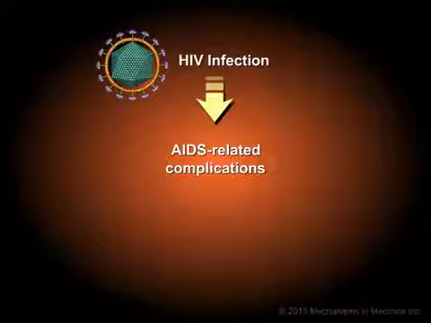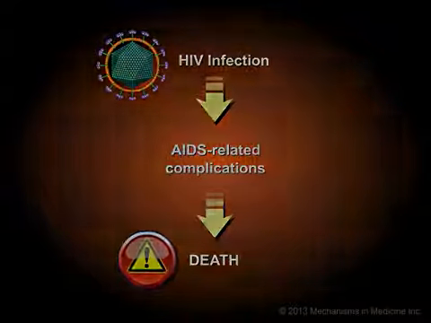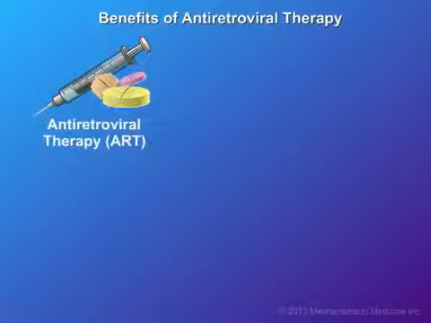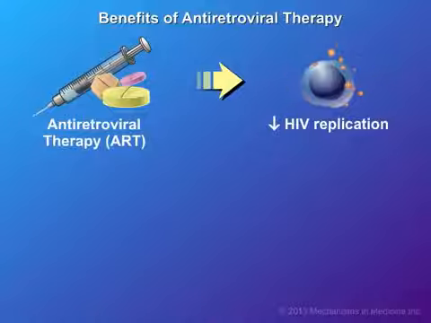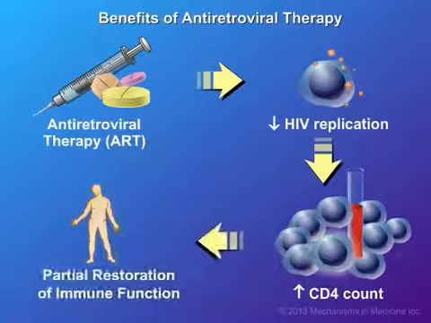AIDS-related complications are ultimately how patients die from HIV infection in the absence of therapy. Treatment with antiretroviral therapy, or ART, can slow down the replication of HIV and partially restore healthier levels of CD4 cells and subsequently immune function in the body.